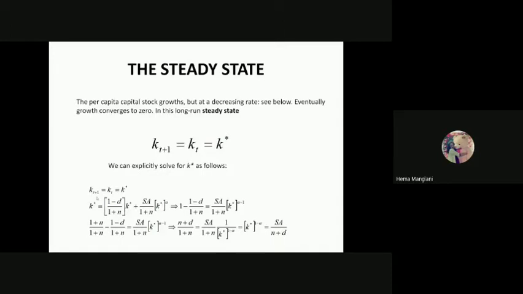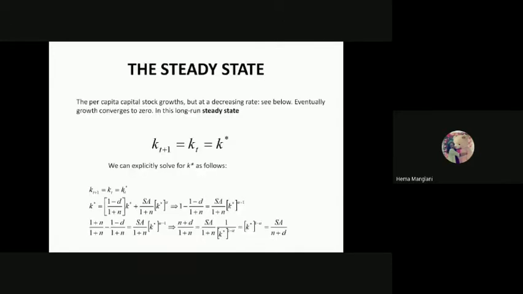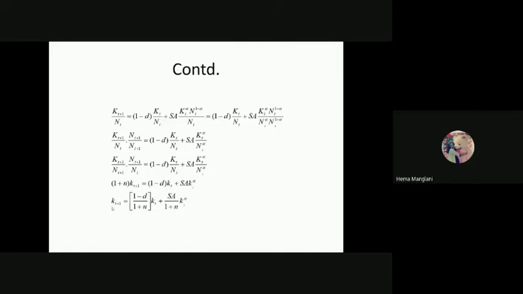That is K(t+1), which is your capital accumulation, as we have seen here. So this is your K in time period T, which equals your K star. If we consider this as K star, I can write K star in place of this. So this K(t+1) is now becoming your K star.